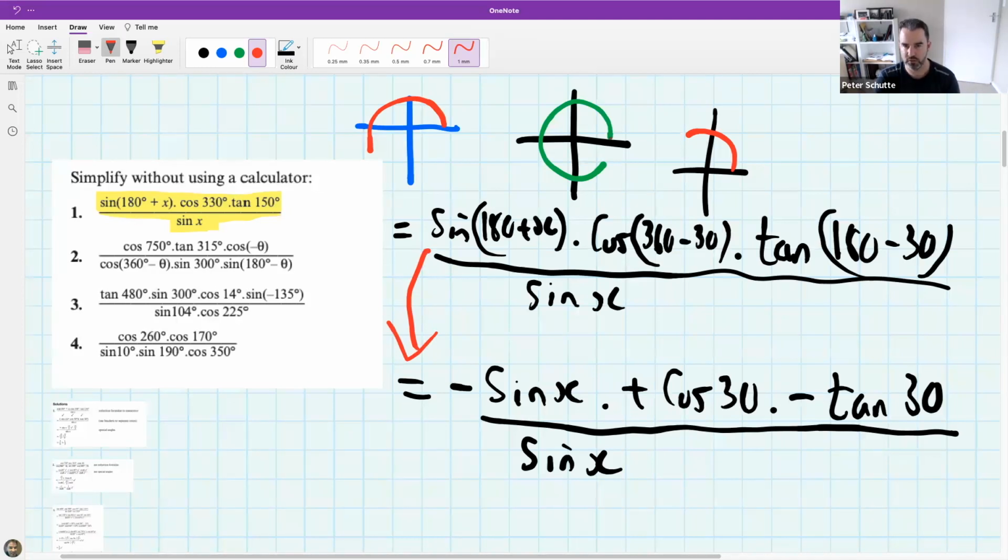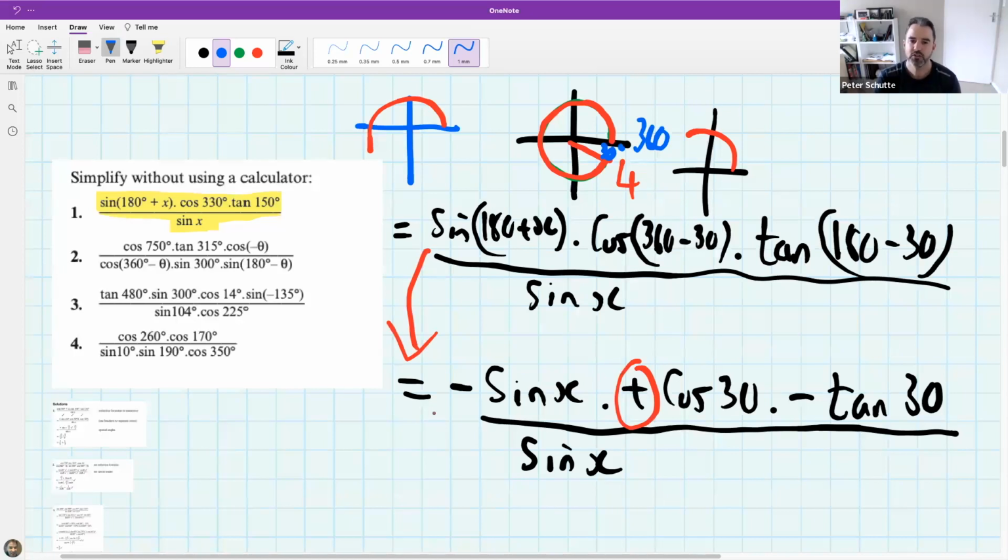So if you think of cos 330, are you happy that I get to there, that I'm in quadrant number 4? Yes, sir. So I think this positive is fine. So if you think about that, it has to be positive. How far away is it from the nearest horizontal? Well, the nearest horizontal is 360. So you have here 30. So that's why it's positive to be in quadrant 4, and then you have 30 there. Does that make sense? Because it's in quadrant 4, it needs to be positive.